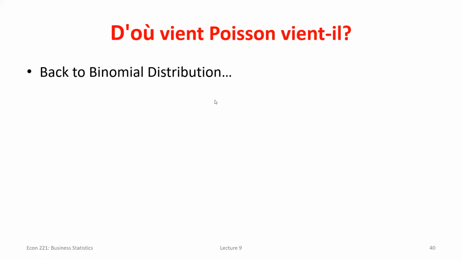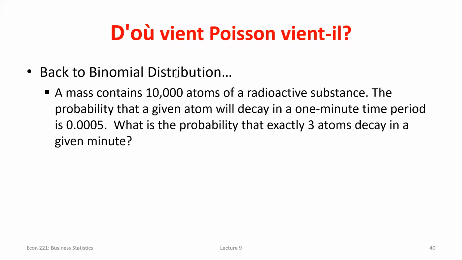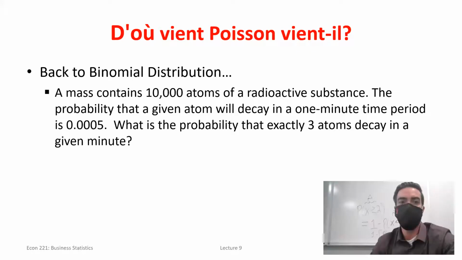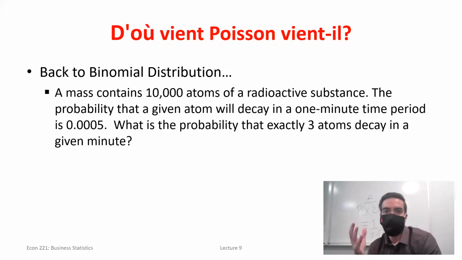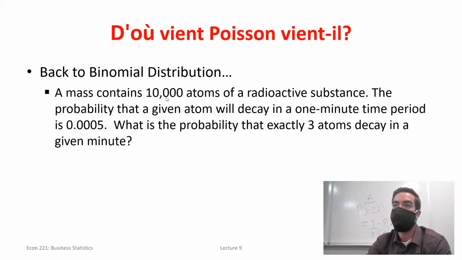All right, so let's go back to the binomial distribution and think about relating these two. Let's say I have a huge mass of a radioactive substance. I've got 10,000 atoms. The probability that any one atom will decay in a 1 minute time period is 0.0005. So what's the probability I see 3 atoms decay in this next minute? We do have a time interval, but notice we also have a cap.